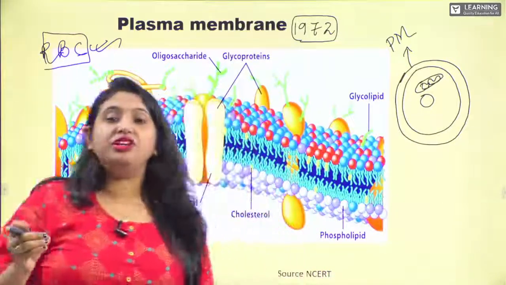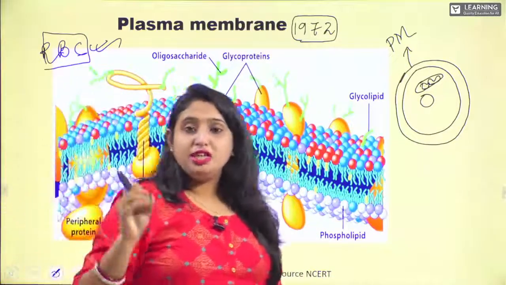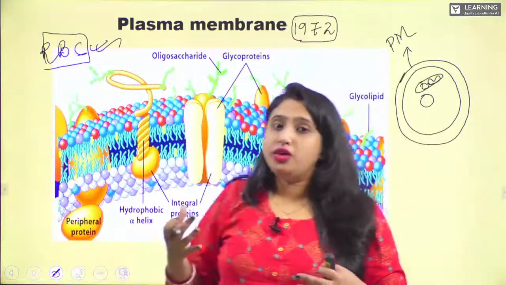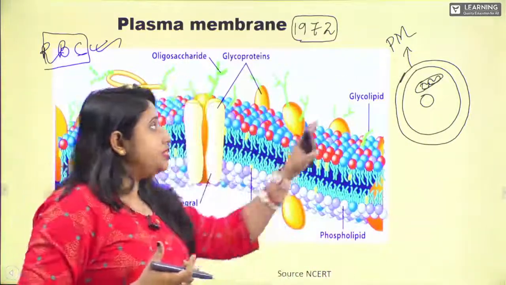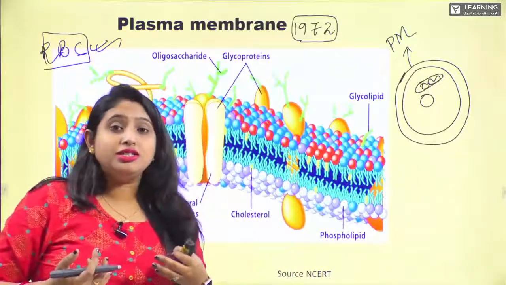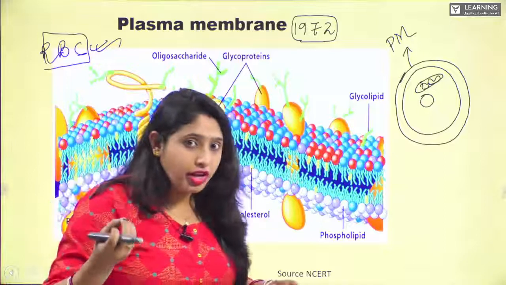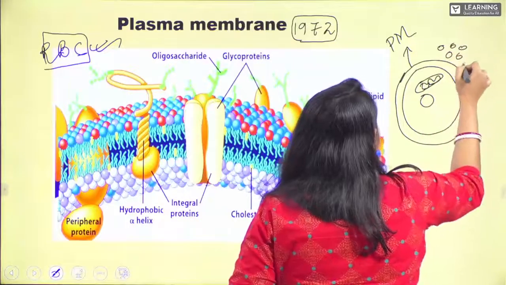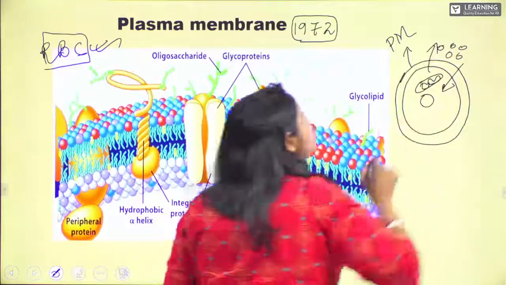The plasma membrane is made up of proteins, lipids, and carbohydrates. As you know, this plasma membrane is the outer membrane of the cell, so it allows the transport of molecules. It allows molecules to move inside and outside the cell.